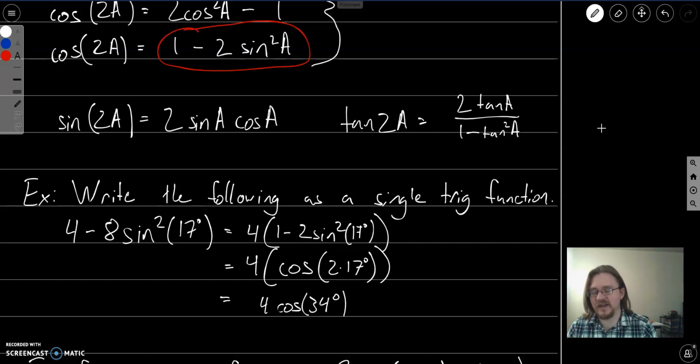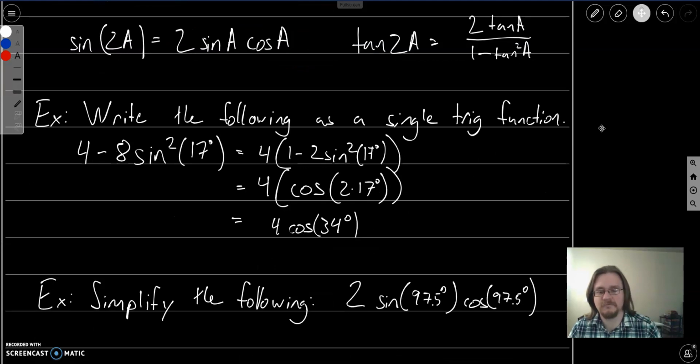So we can rewrite this seemingly complex thing just as a single cosine with a coefficient up front. This isn't too bad. We just have to recognize that we have our double angle formulas. As we use them, we go from a 17-degree angle to a 34-degree angle. We just have to remember to double the angle on the inside.